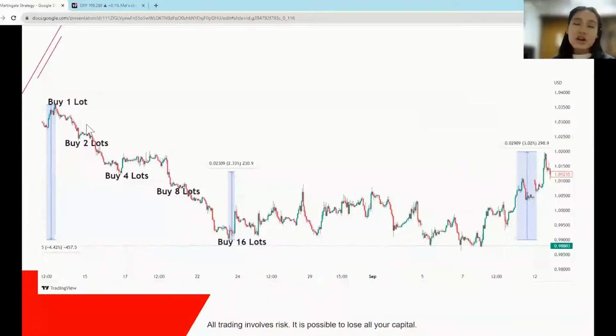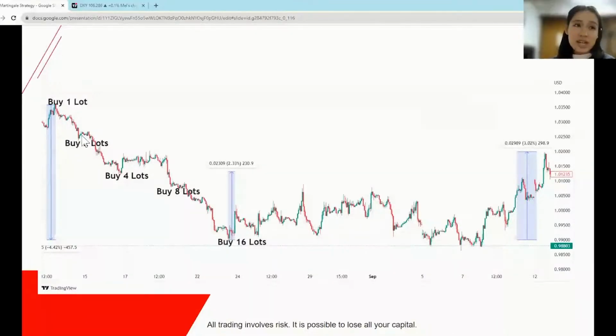Obviously we're going to make losses since price is moving in the opposite direction. So price is dropping, I'm losing money, but instead of cutting my losses or getting out of the trade, I decide to buy two lots instead. So I'm doubling it using the same concept of the coin flipping strategy in my previous example.